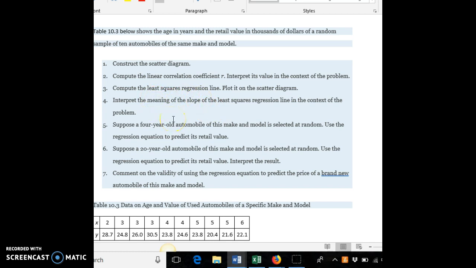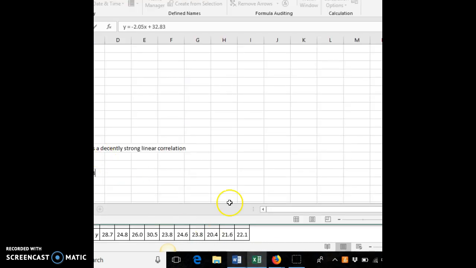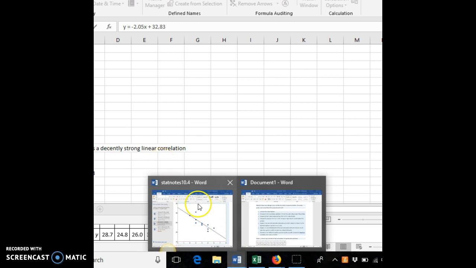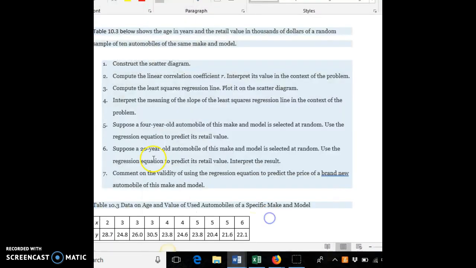Now let's interpret the meaning of the slope of the least squares regression line in the context of this problem. Our slope was negative 2.05. Let's notice our data here for a minute. Our x values are the age of these automobiles, and the y value is how much they're worth.